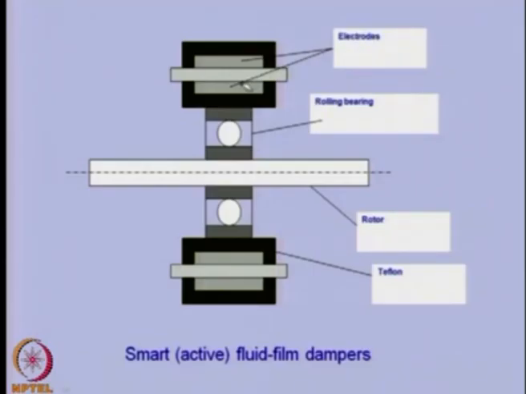Those fluids are special kinds of fluids, either rheological fluids in the form of magneto-rheological fluid or electro-rheological fluid, and if we change the magnetic flux or current through these electrodes, the properties of those fluids change, like stiffness and damping, and it gives different damping and stiffness to the support system, and this can be changed actively.